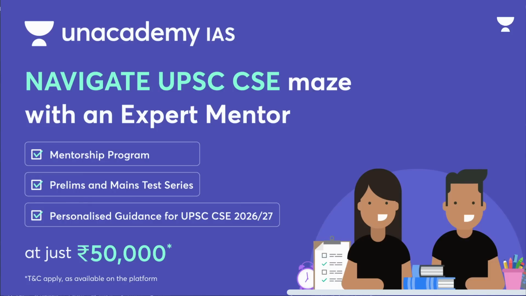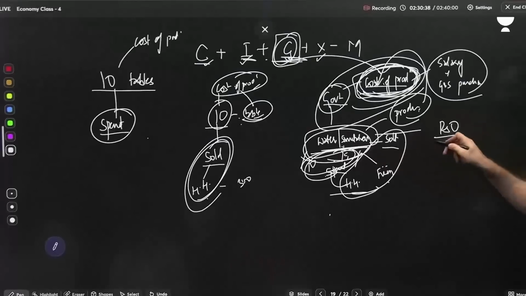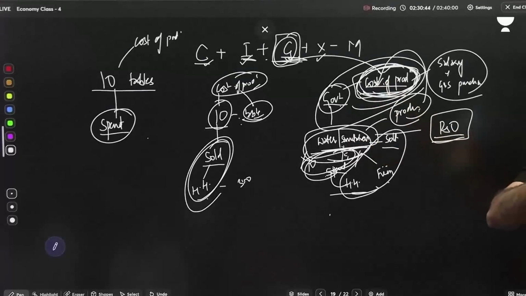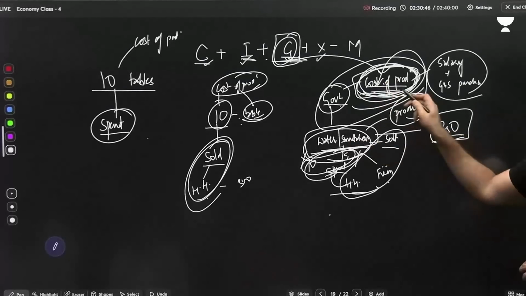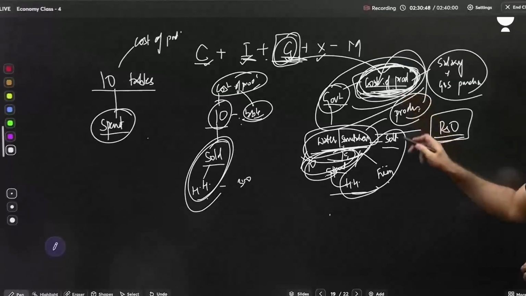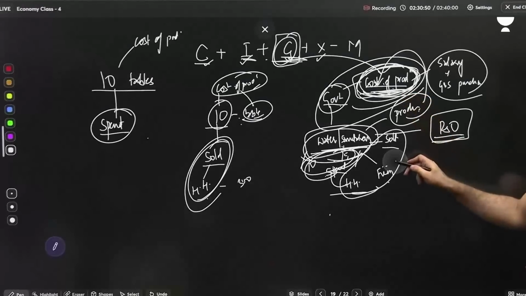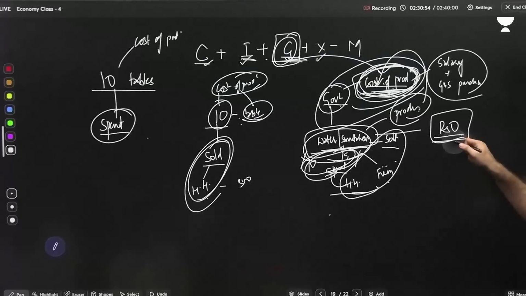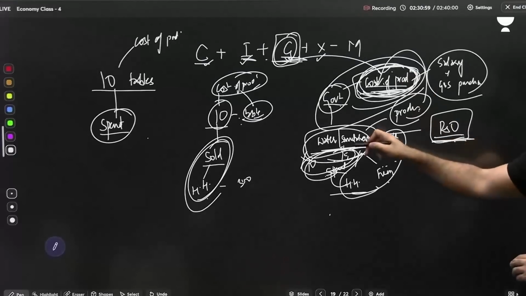Because whatever is being produced by the government is not sold at a market price, I do not calculate the expenditure done on them. I calculate the cost of production. This is why government final consumption expenditure is a cost variable. It is not an expenditure variable, because whatever the government produces, it provides for free.